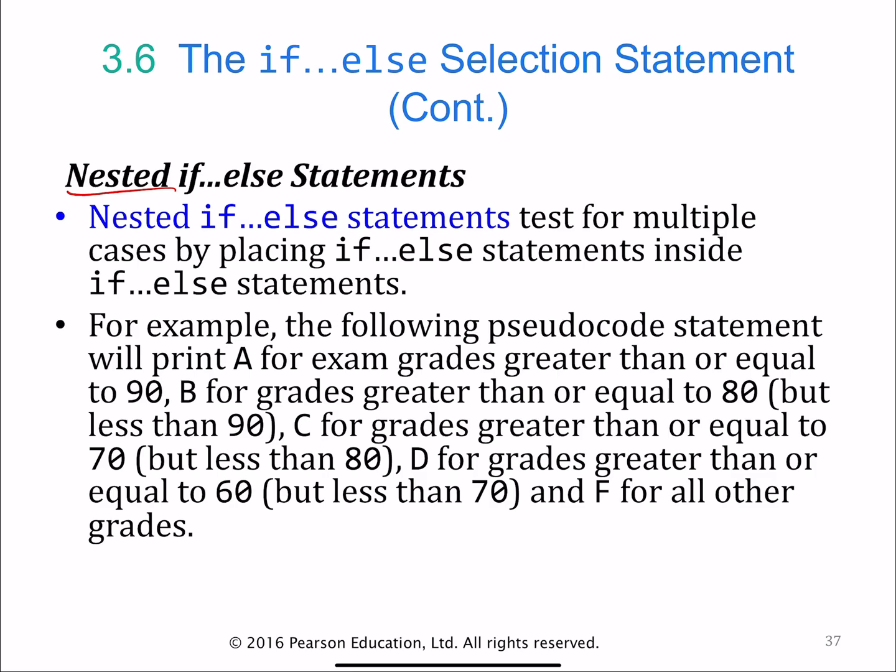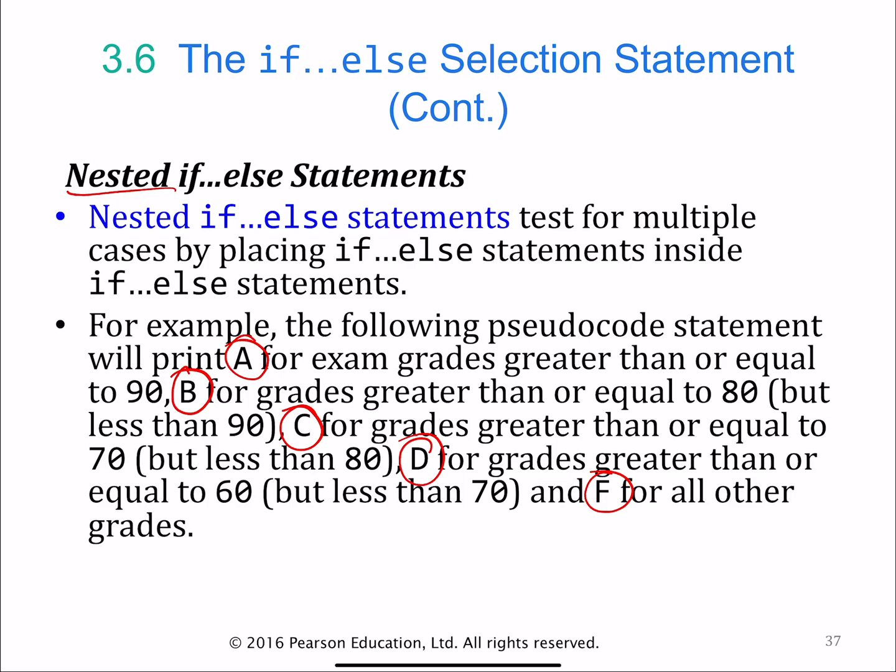So for example, if a student has 90% or more as a grade, it should print that student got letter grade A. If a student got 80 or more, he'll get a B grade. Between 70 and 80, a C grade, and between 60 and 70, a D grade, and for under 60, an F grade.